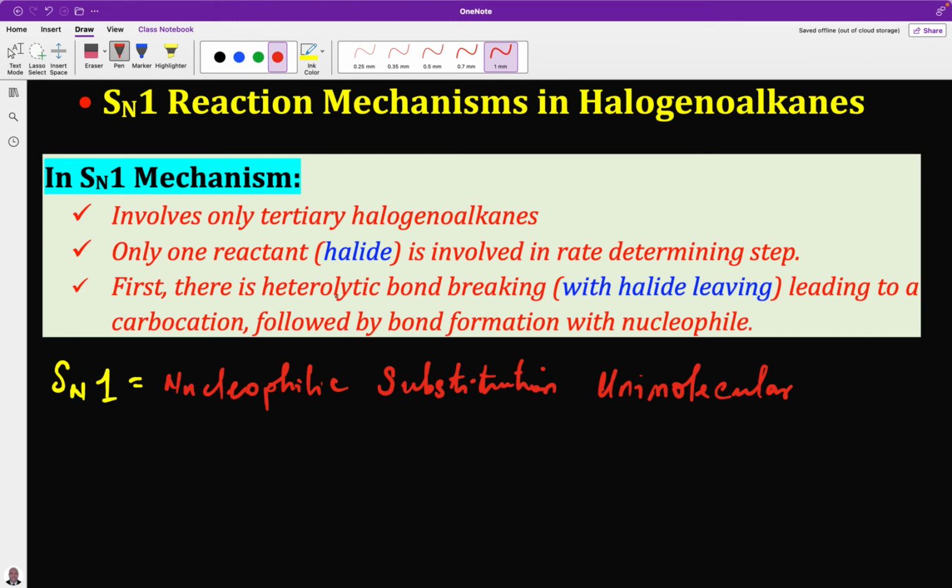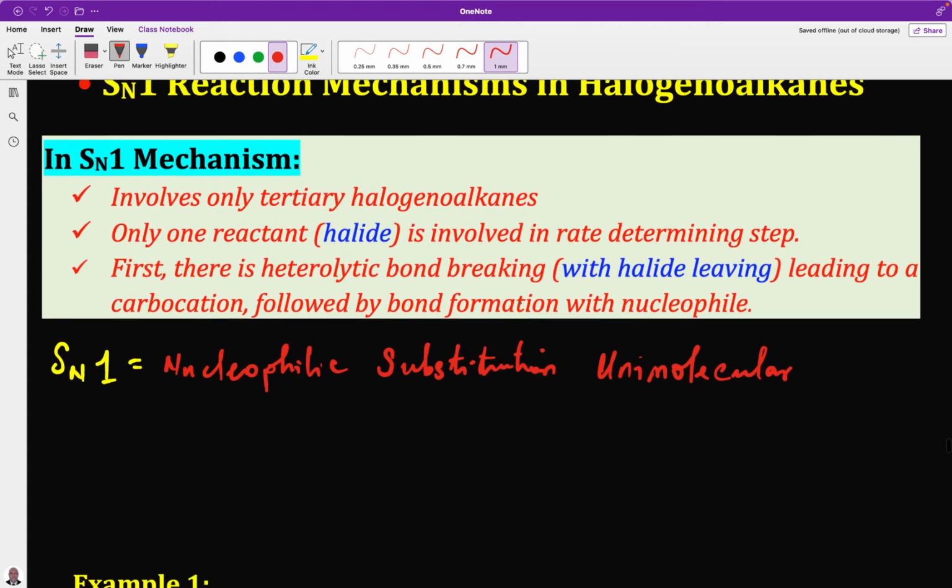The first step is ionization, that is the heterolytic bond breaking with the halide leaving, resulting in a carbocation. This is followed by bond formation with the nucleophile. That is a nucleophilic attack.